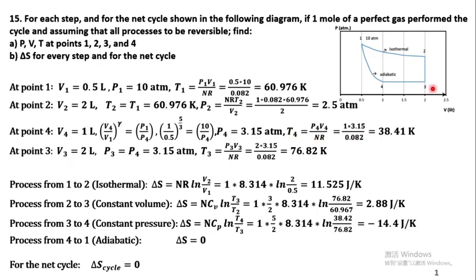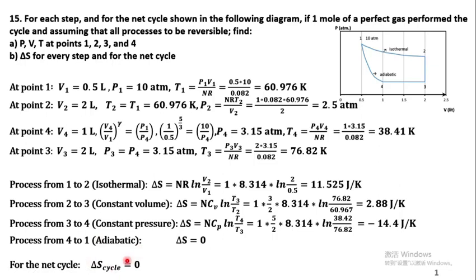And also for point 3, because from point 4 to point 3 this is a constant pressure process, the pressure is the same, so we have the temperature equals this. So this is 1, 2, 3, 4. This is a calculation for the 1, 2, 3, 4 process, just like the previous question.